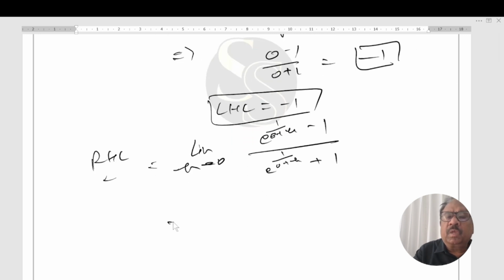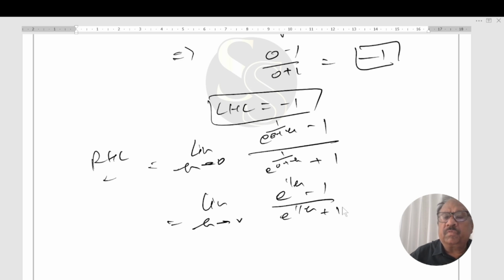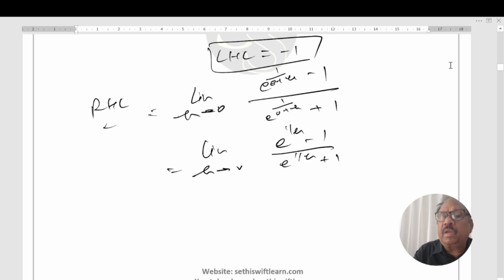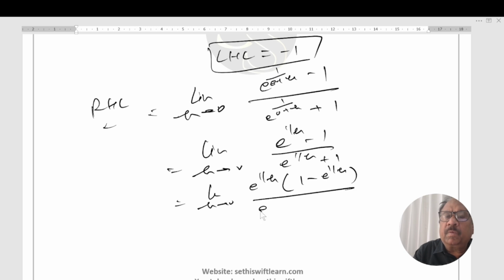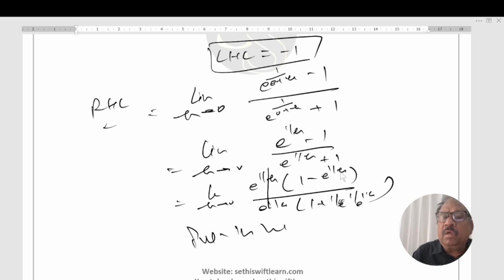In this case, this comes out to be limit h tends to 0 of (e to the power 1 by h minus 1) upon (e to the power 1 by h plus 1). To simplify the infinity, we took e to the power 1 by h common from here, (1 minus 1 by e to the power 1 by h), and e to the power 1 by h common from here, (1 plus 1 by e to the power 1 by h). This cancels out. Put the limits. This 1 by e to the power 1 by h becomes 0, so 1 minus 0 upon 1 plus 0, that comes out to 1. So right hand limit comes out to be 1.